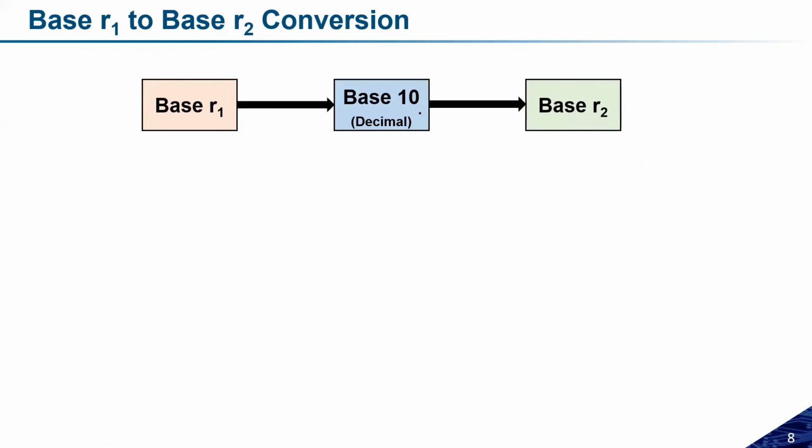Both of the conversions we just saw will be applied here: base r1 to decimal, then decimal to base r2. So we can say this kind of conversion is a two-stage process.